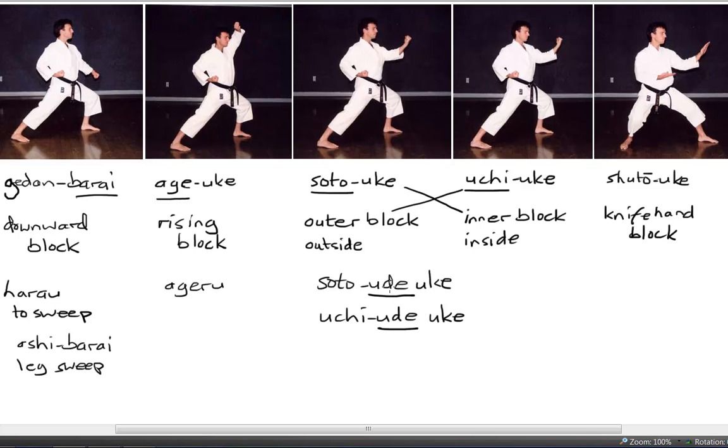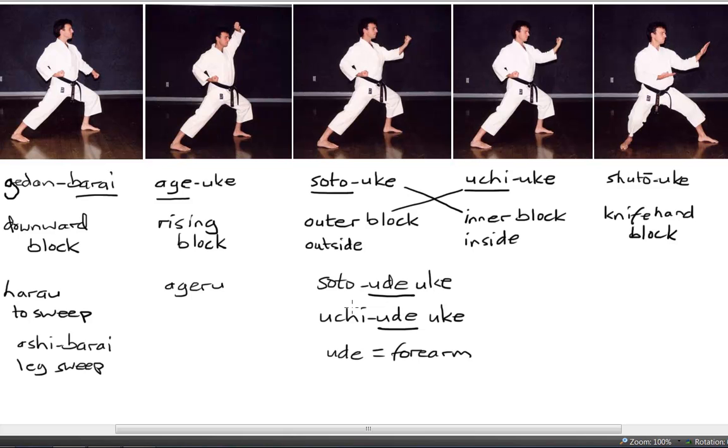So a soto-uke is literally an outer forearm block. So ude equals forearm. So soto-uke would be an outer forearm block, meaning you are blocking with the outside part of your forearm. Therefore, an uchi-uke means an inside forearm block, meaning you are blocking with the inside part of your forearm.